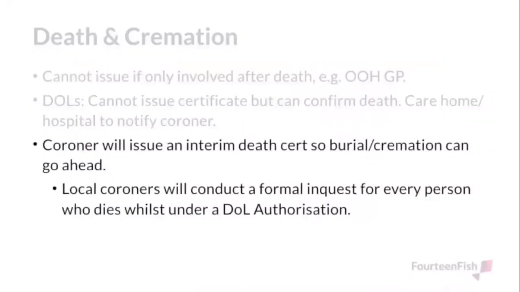At that point, the coroner will issue an interim death certificate so that the family can register and make necessary arrangements for the funeral, for example. But the local coroners will then conduct a formal inquest for every person who dies whilst under a Deprivation of Liberty Safeguard.